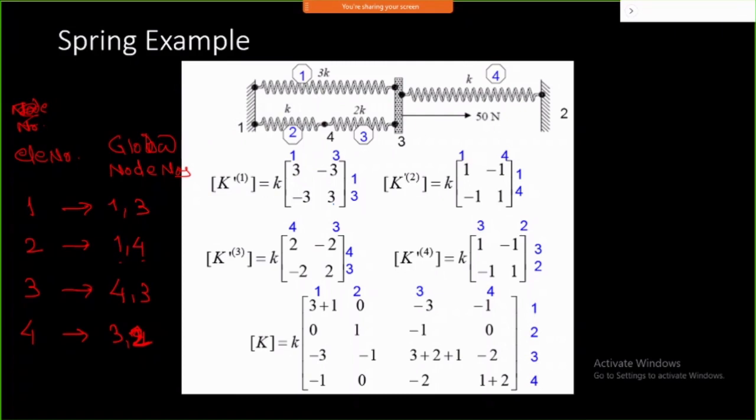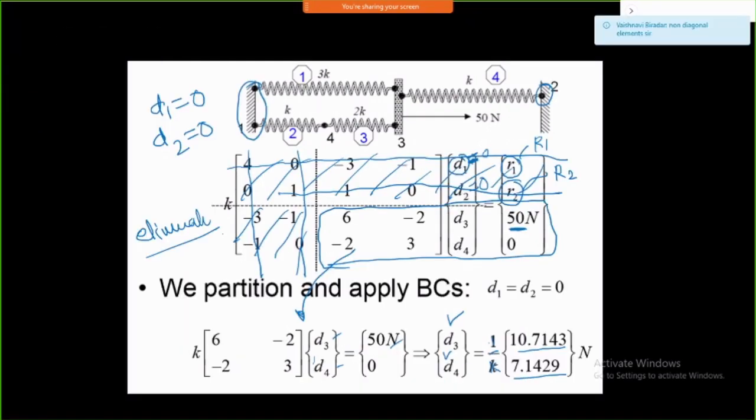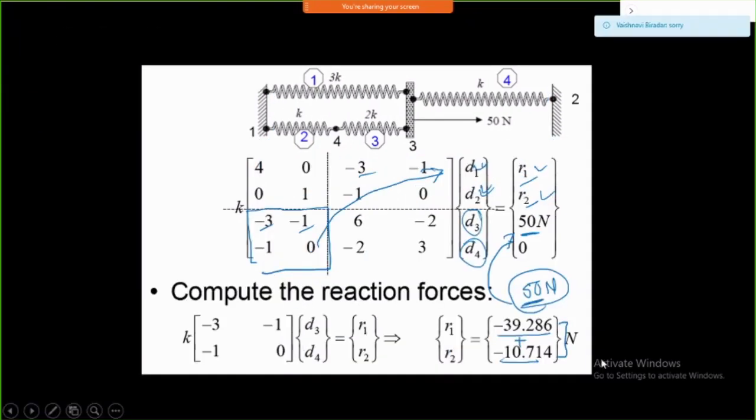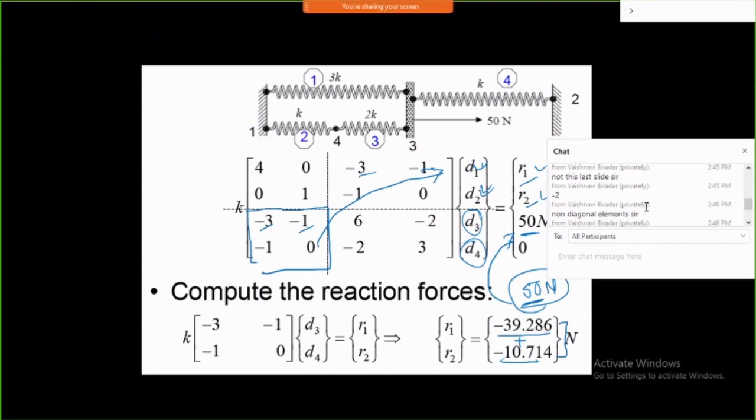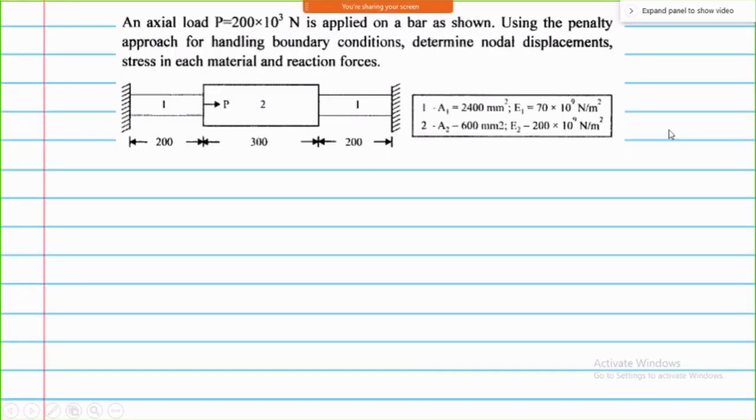There is no negative element in this. The diagonal elements are these: the first element, then the second, then the third, and this is the fourth. The diagonal elements are all positive. None of the elements is negative in the diagonal part.